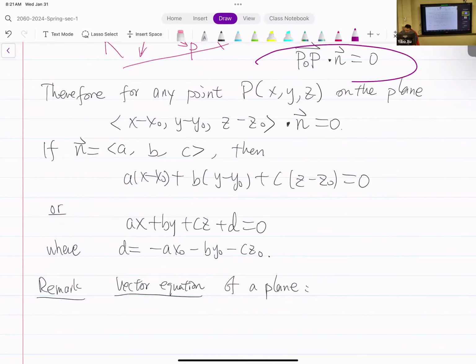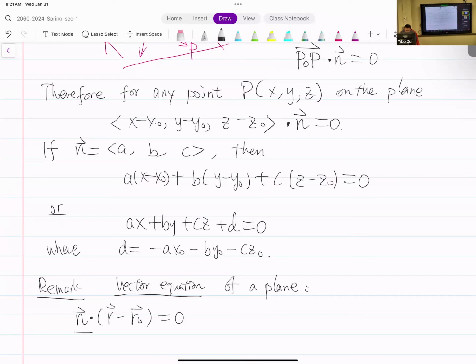Basically here we just rewrite this by replacing the coordinates of P0 and P. So we just need to say n dot (r minus r0) is always 0. So that's exactly the vector equation.